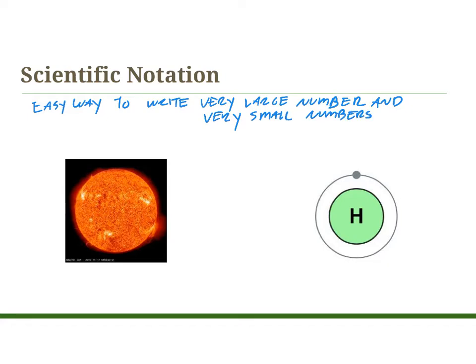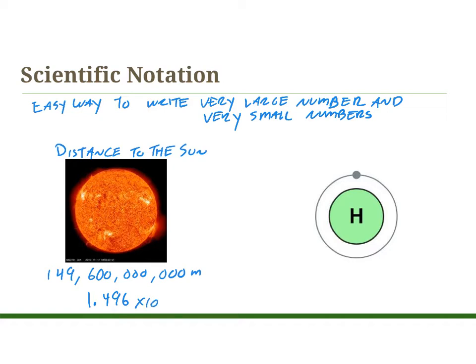So for example, the distance to the sun from Earth has been measured to be 149,600,000,000 meters. That's a big number to have to write over and over again, so scientists would write it as 1.496 times 10 to the 11 meters.